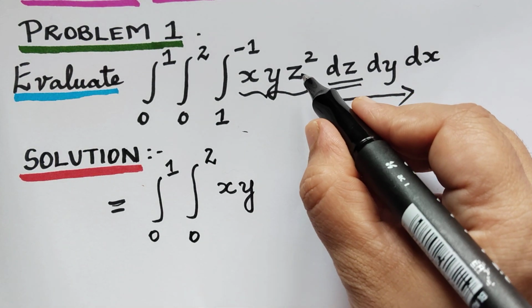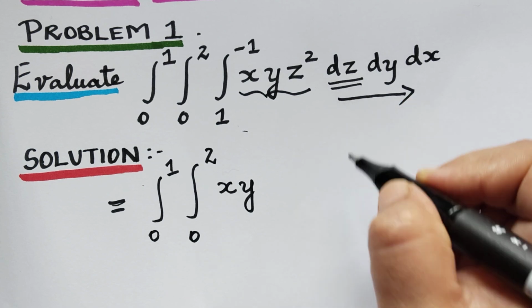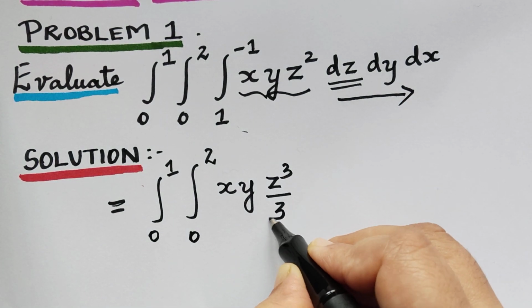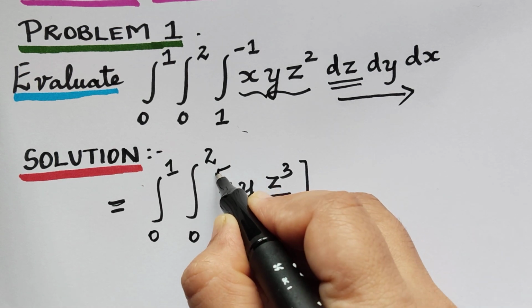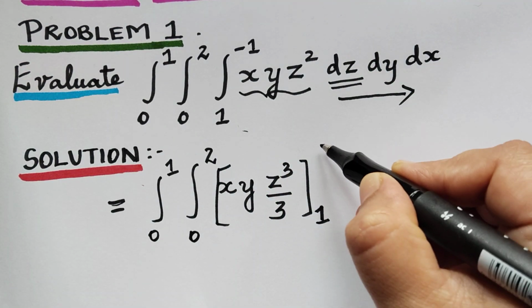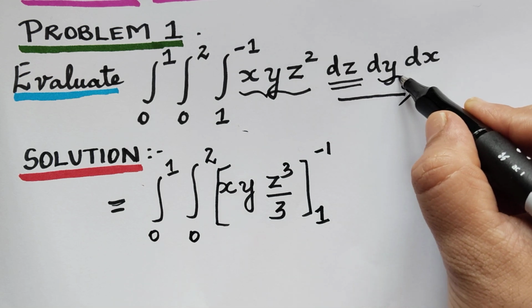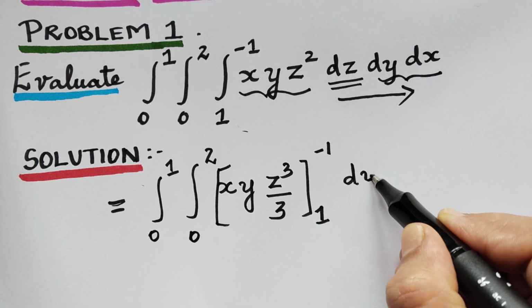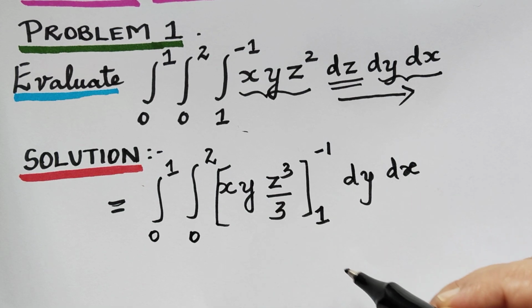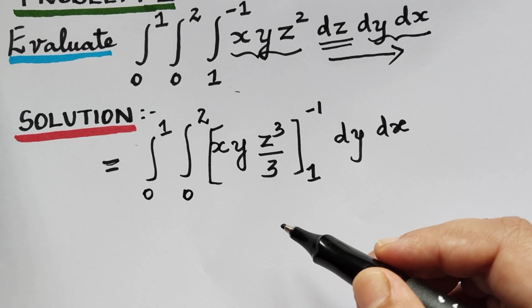And what is the integration of z square with respect to dz? It is z cube by 3. And this is done between the limits. What are the limits given in the first integral? It is 1 to minus 1. And the remaining that is left out we have to write, dy dx.